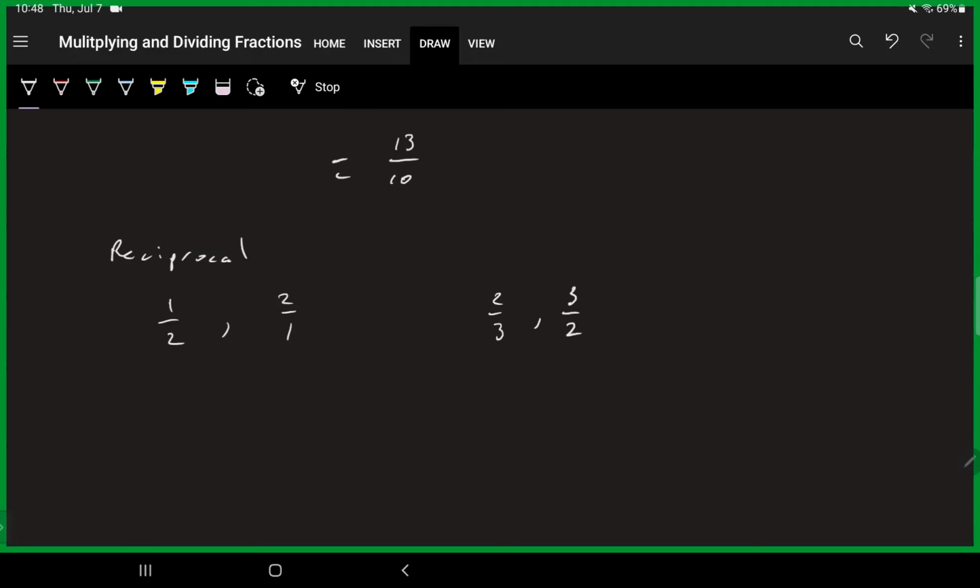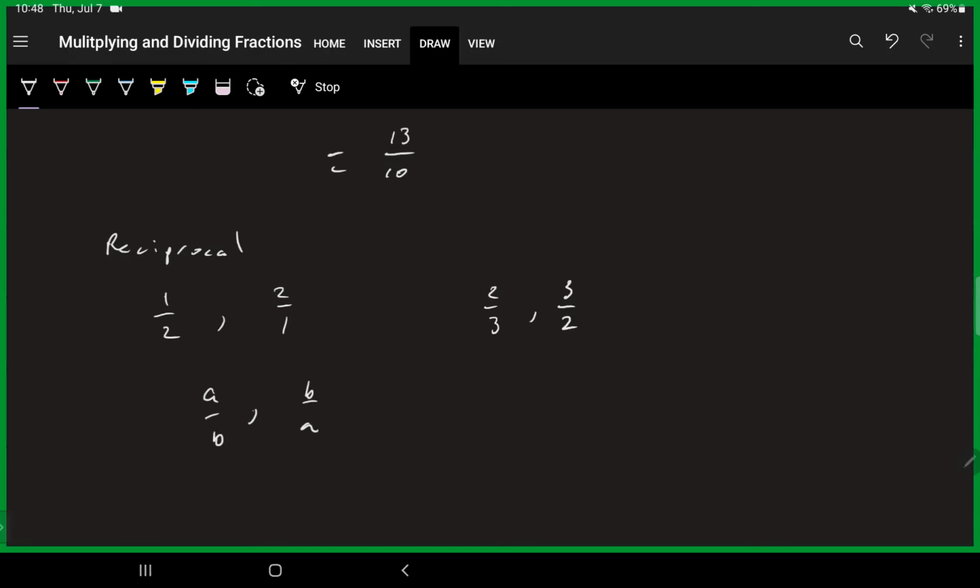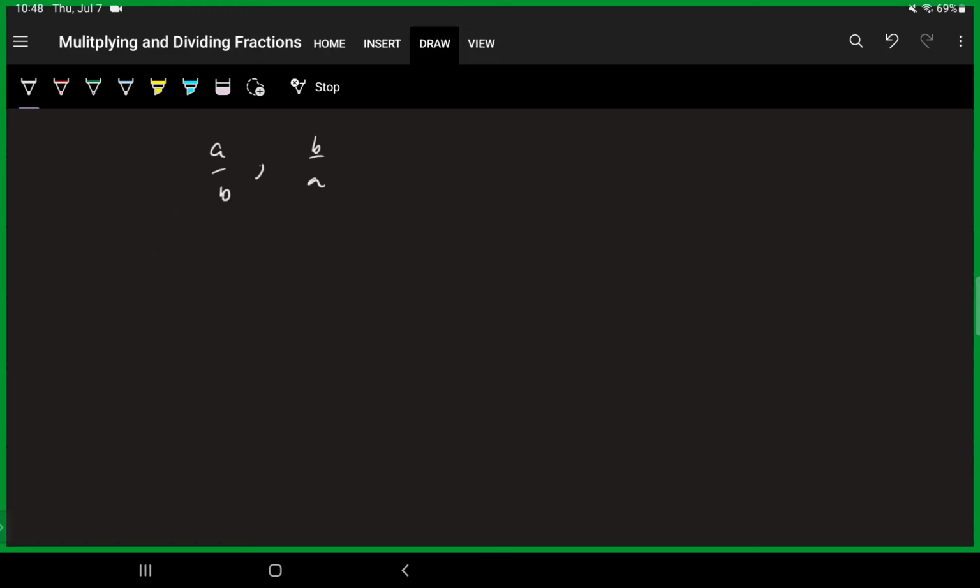So basically the reciprocal of A over B is B over A. And in order to divide fractions, we need to know about this. It turns out that division of fractions is really multiplication by the reciprocal. So if I have A over B and I'm dividing it by C over D, we're going to define that to be A over B times D over C. And we always flip the second fraction. We don't reciprocate the first one. It doesn't make sense.